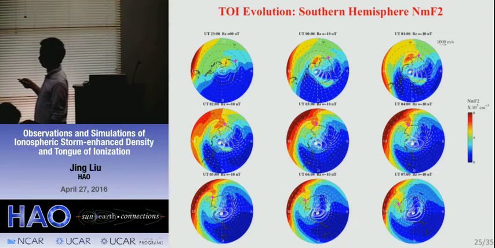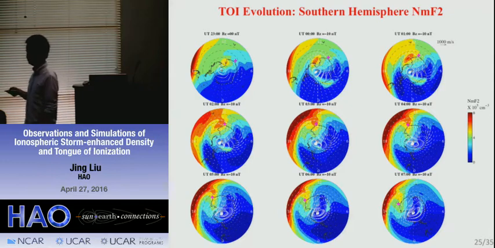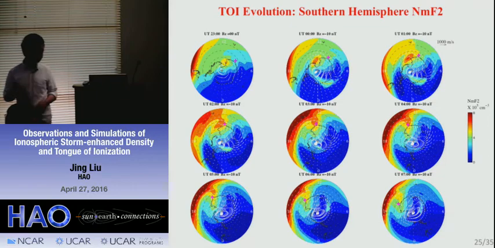Another thing, we see the mid-latitude enhanced density gradually build up. At about 4 hours, the TOI intensity reaches its maximum here. But then further on, you see it weaker. That's because neutral composition starts to decrease the electron density.